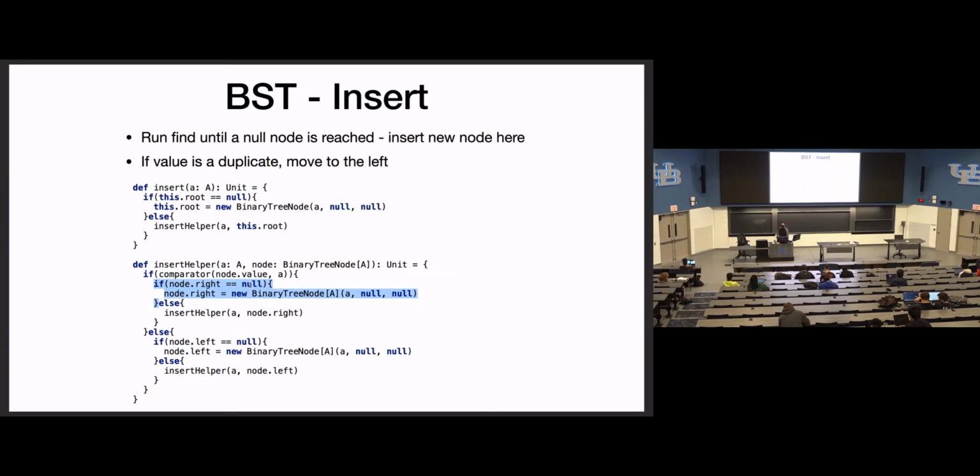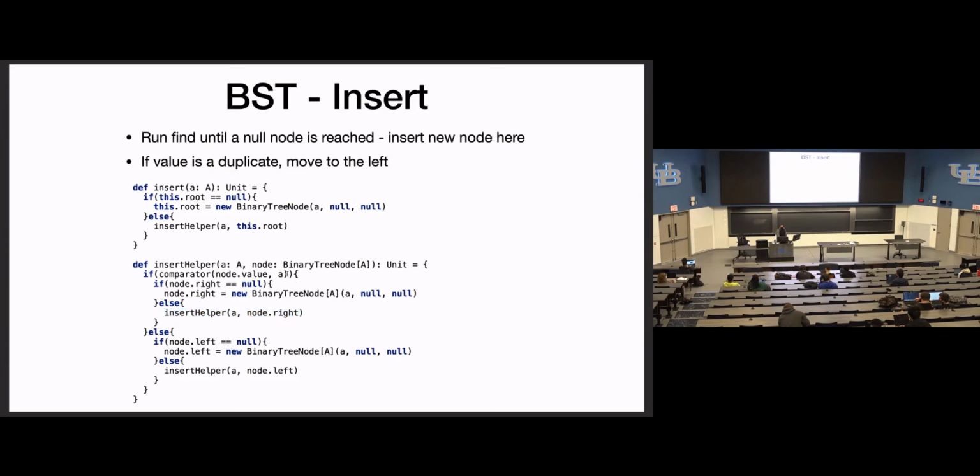I'm going to create a new node. It has no children, and it has the value that I'm inserting. So I'm going to look to the right. If there's nothing there, I'm going to create a node and add this value right there. If the right node is not null, I'm going to move to that node through a recursive call. And I'm going to continue the recursion at that right child of this node.